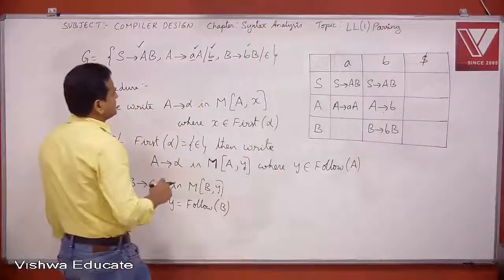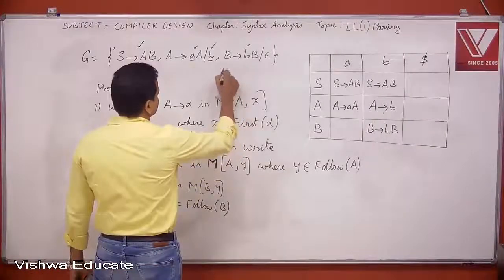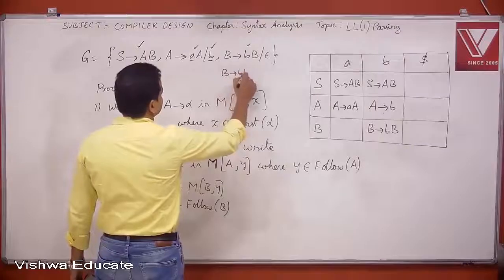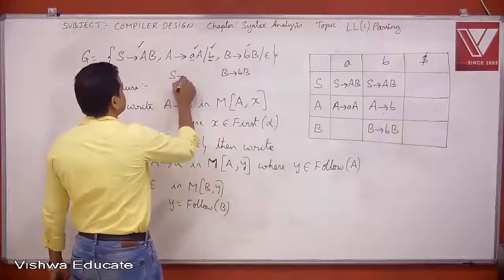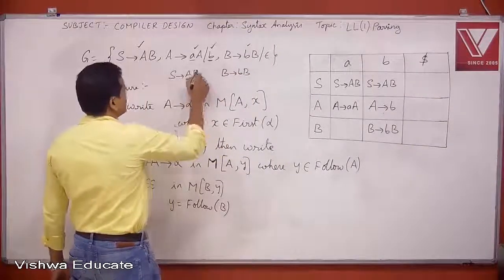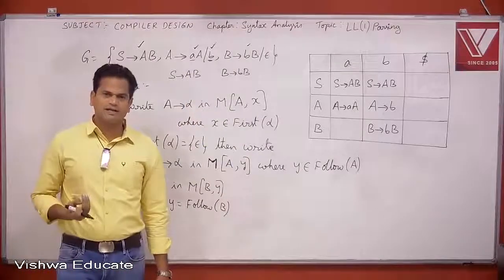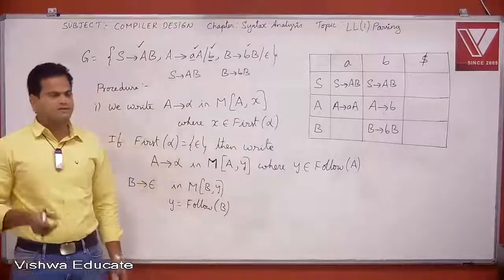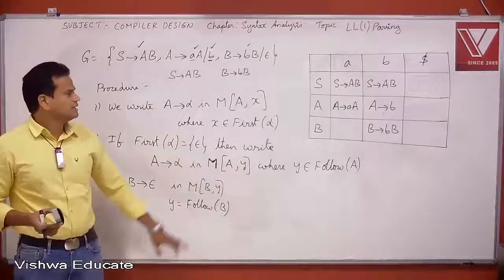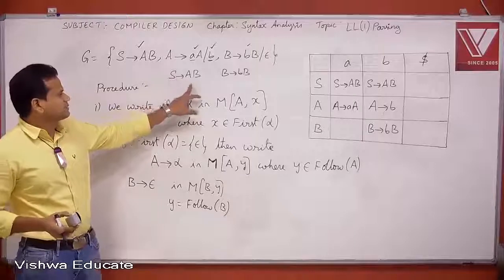Here B is on the right side of the arrow in two productions. One is this one and the other one is this one. I repeat guys, to find the follow of any non-terminal, we must find that non-terminal wherever present on the right side of the arrow.